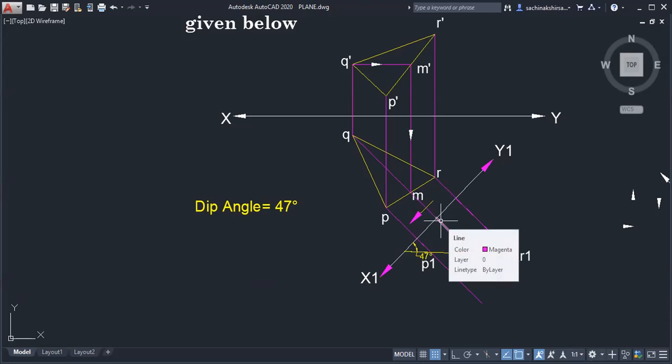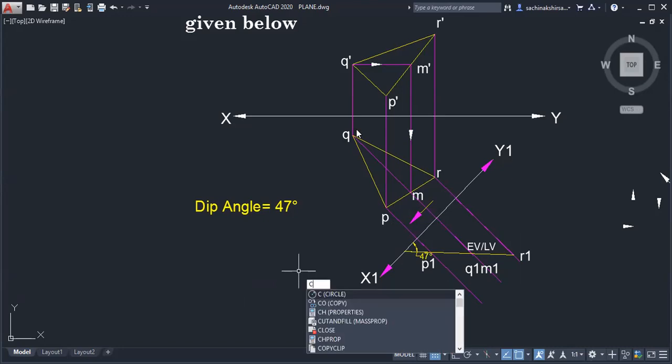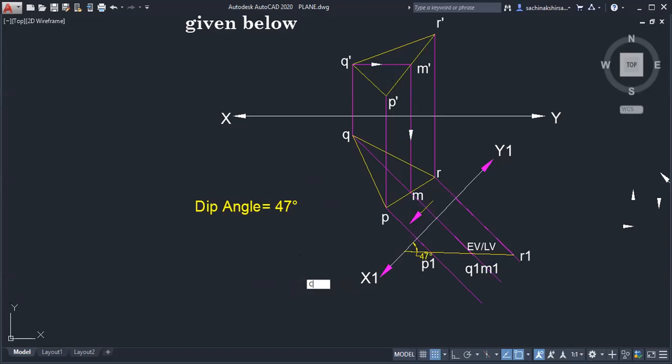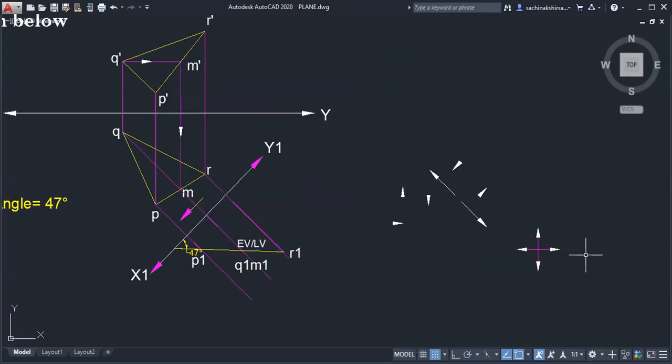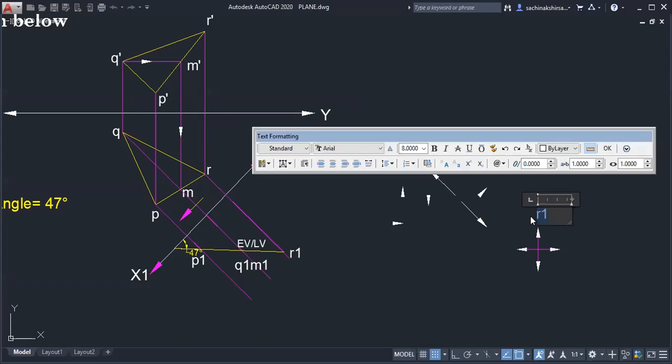Last one is strike. For the strike, which corner have we selected? Q, Q dash. So the principal directions we have to draw at that point. How are we showing these principal directions? Here I will show first. Which will be the direction?